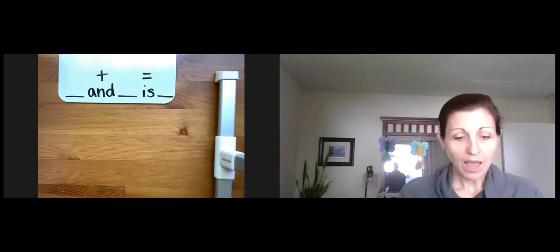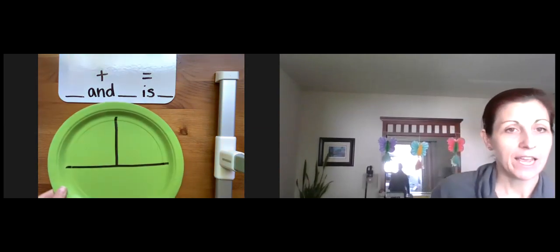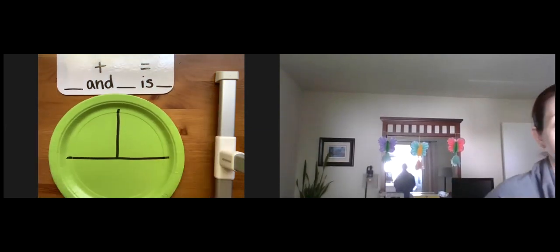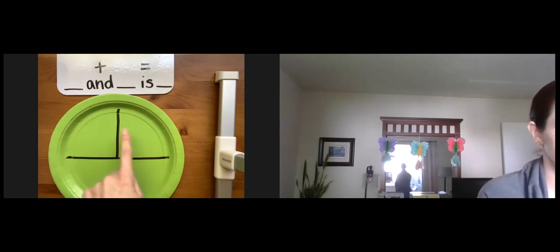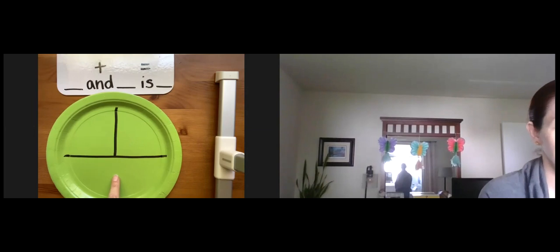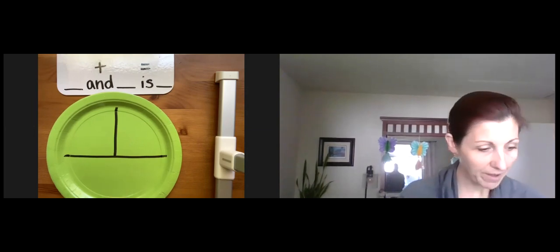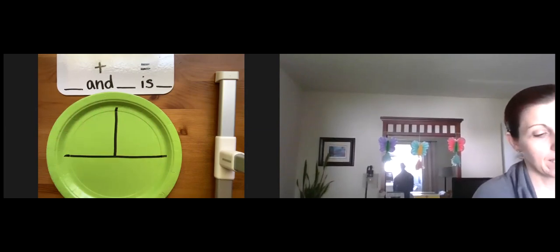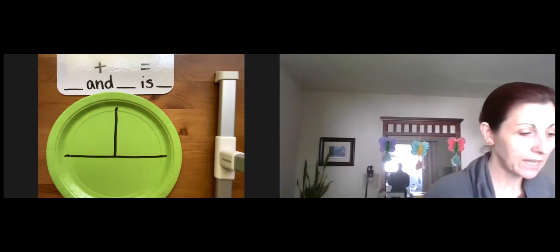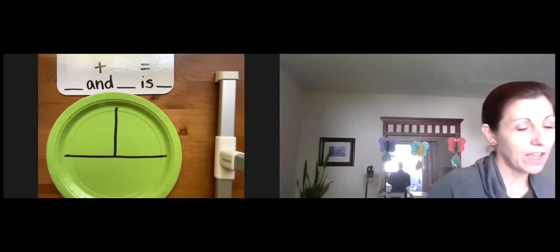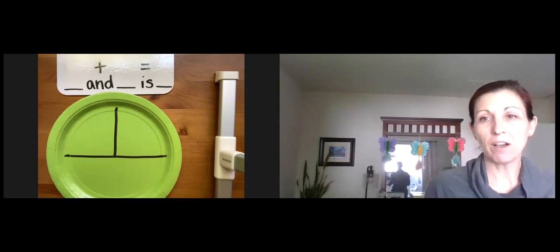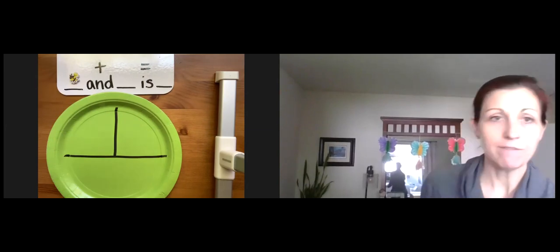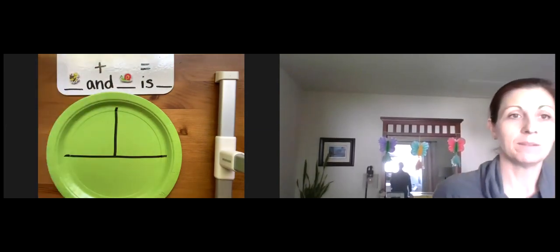Now, I'm going to go ahead and use a plate. I've drawn a few lines so that you can see this is a part, and here is my whole. I'm going to pretend that I've got a leaf today, and part of my leaf is going to be covered with some bees, and part of my leaf is going to be covered with some snails.